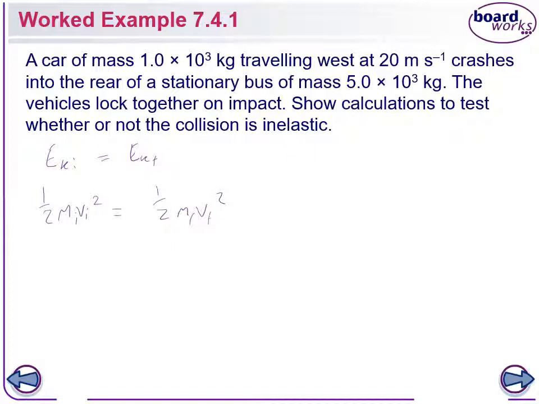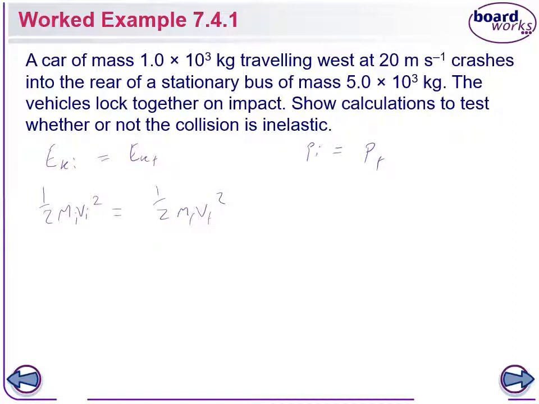In a question like this, we need to be aware of the fact that momentum is always conserved. Energy, not always, in terms of collisions. Momentum is always conserved, so we can use our momentum to calculate our final velocity. Our momentum initial is equal to our momentum final.